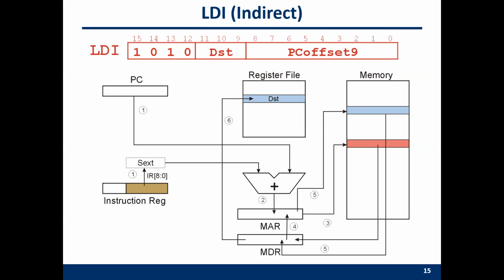First, we read the data from the PC, and then the immediate data is in the offset. We add them together. We use the sum as the memory location. We first read, then we read again.